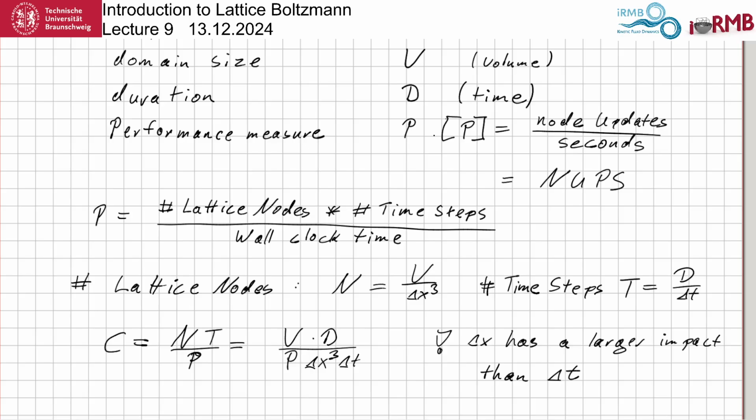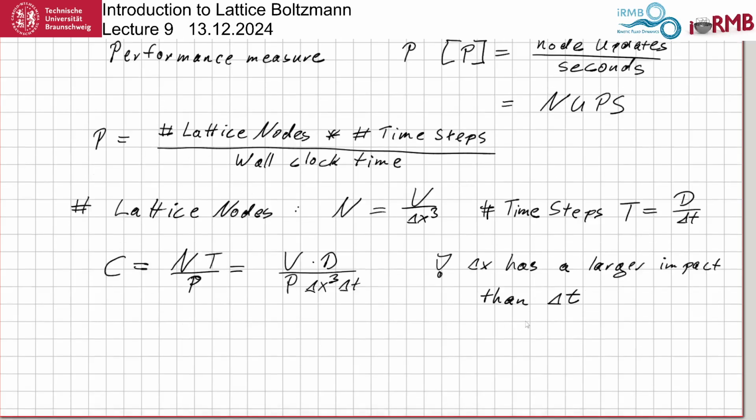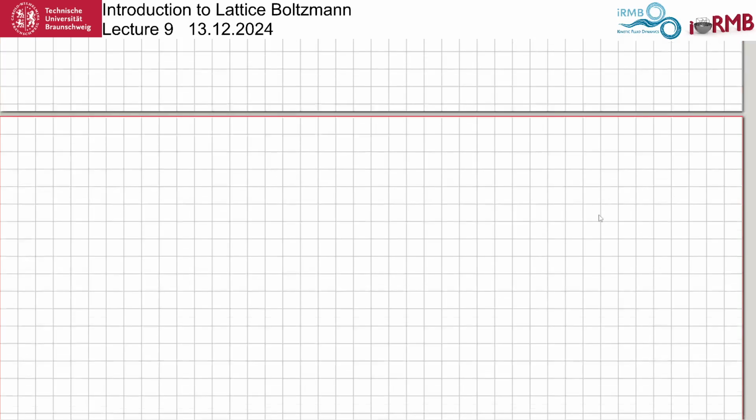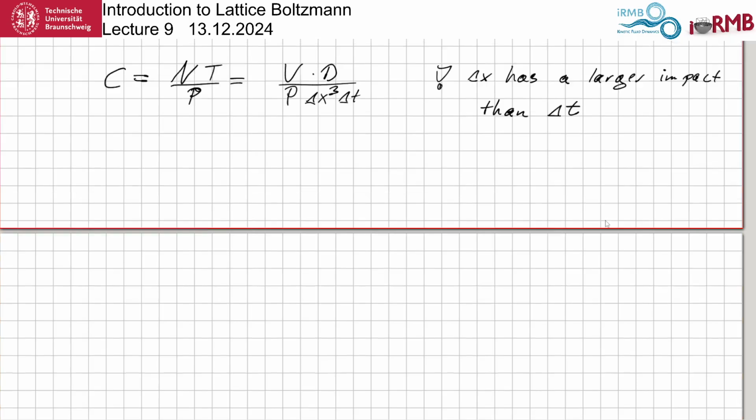Whereas increasing the grid size has much more implications, and you need to remesh and interpolate and things. So yes, it's trivial, but still it's tempting to try to improve your performance by making a longer time step, which is often not very successful. And of course, there are some constraints on these things. So you cannot just choose them the way you want. You have constraints on these things.